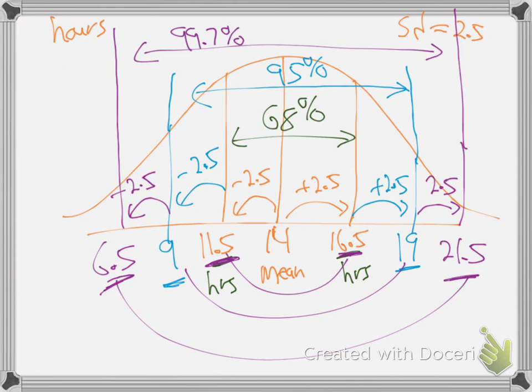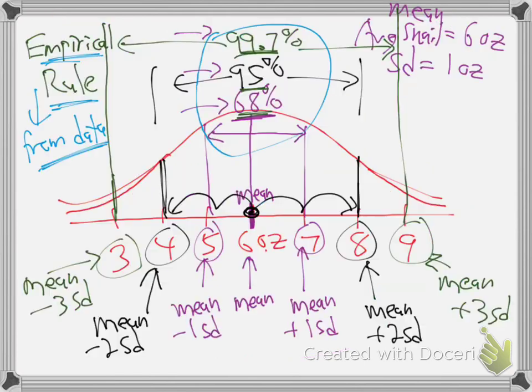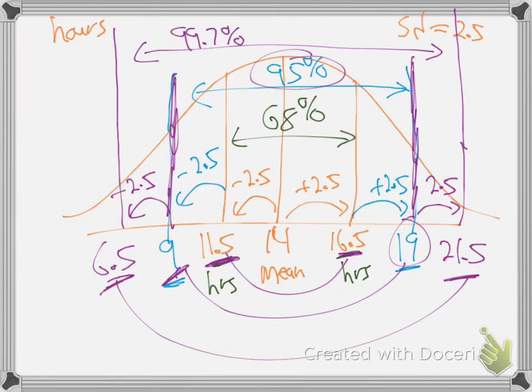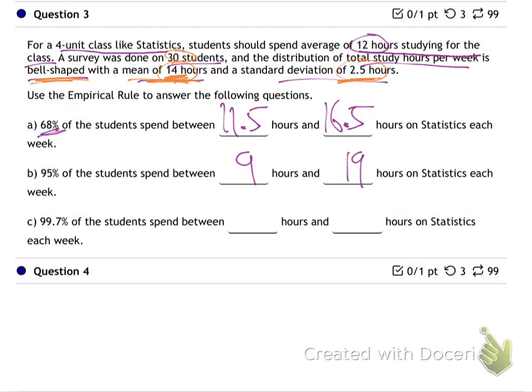And 95% would go from 9 to 19. And finally, 99.7% would go from 6.5 to 21.5.